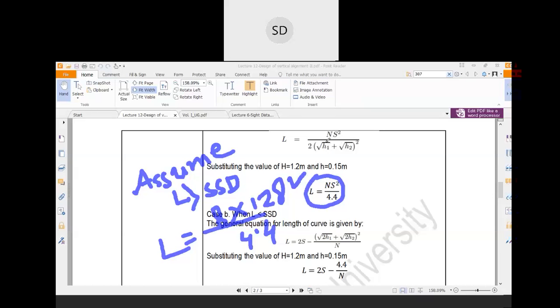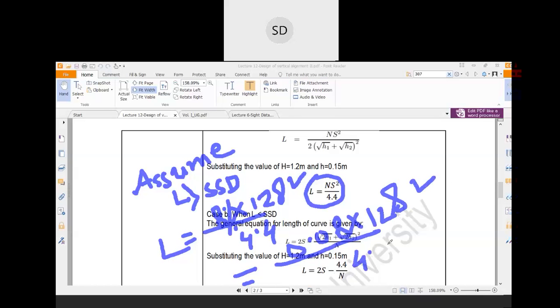Okay, I have made one mistake. Here N would be in percentage, 8%, so you have to consider that percentage value. If it is 8%, then it would be 0.08 into 128 square divided by 4.4.